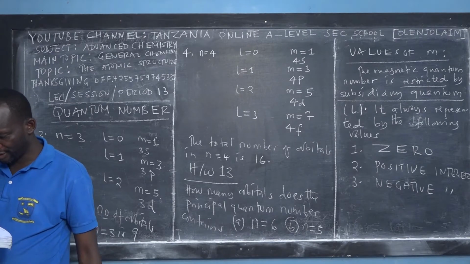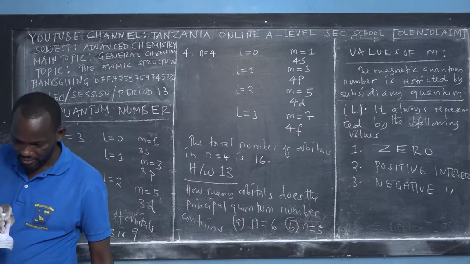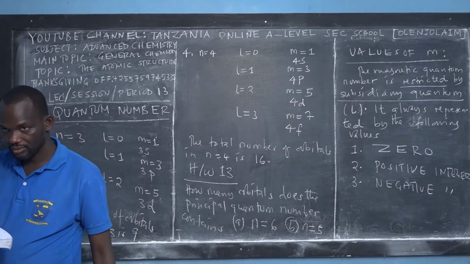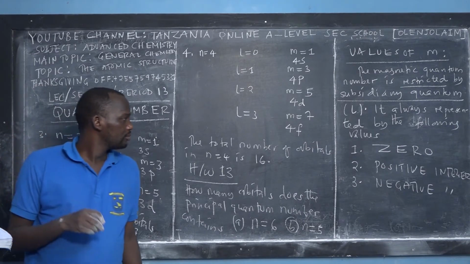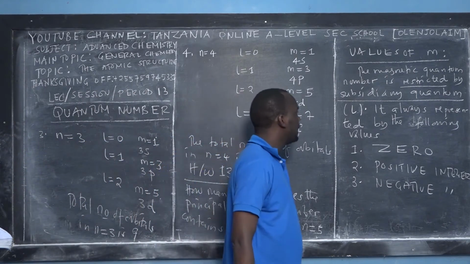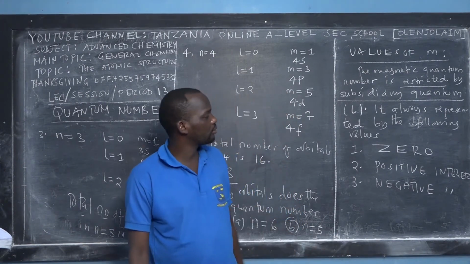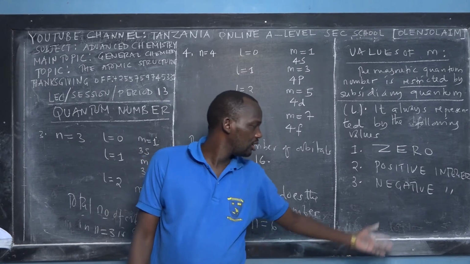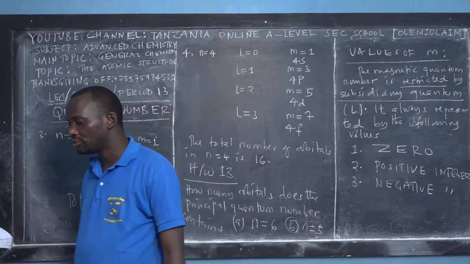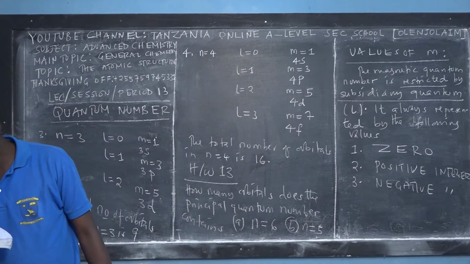So let me explain what it means. We may represent the magnetic quantum number using 0, using the positive integers, or using the negative values. Okay.